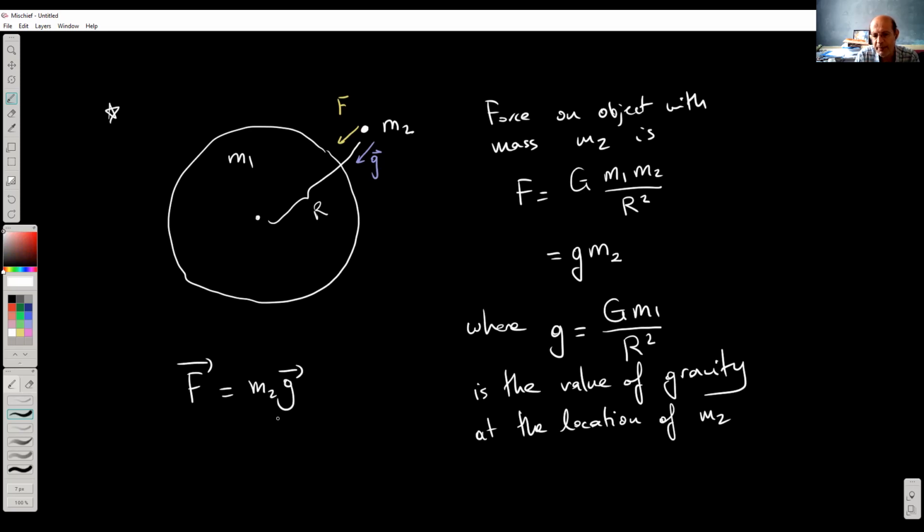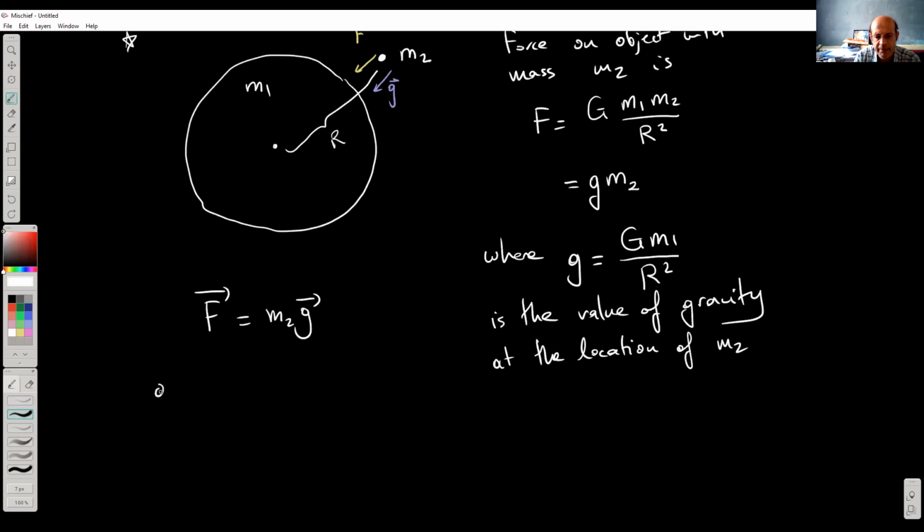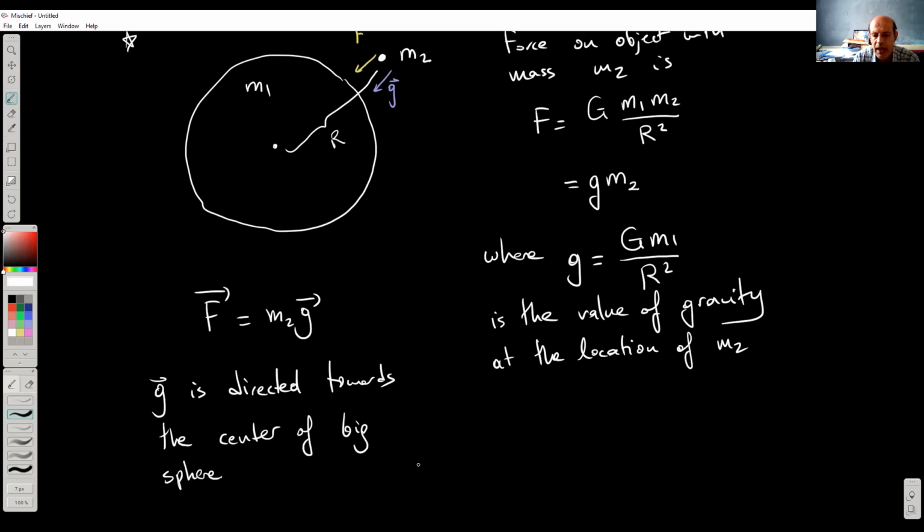So G has this magnitude, but it is directed towards the center of, let's say, the big sphere, right?